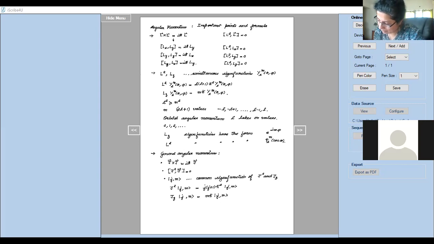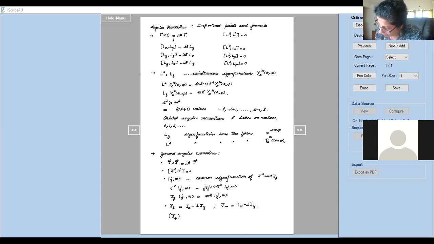But nonetheless, the important thing is that you remember these two ladder operators and how they are defined, because a lot of questions usually come with these ladder operators. And very important is that these are not Hermitian operators, so they are not observable by any stretch of imagination.